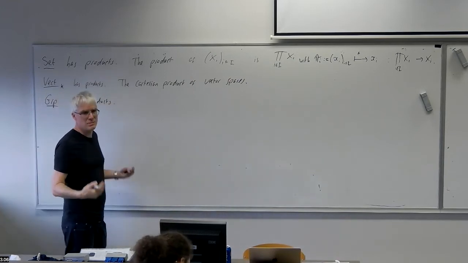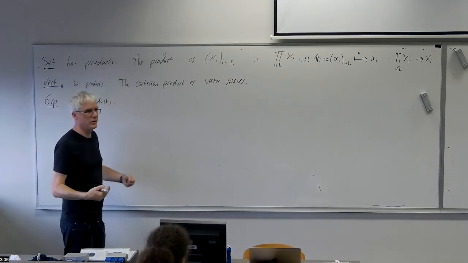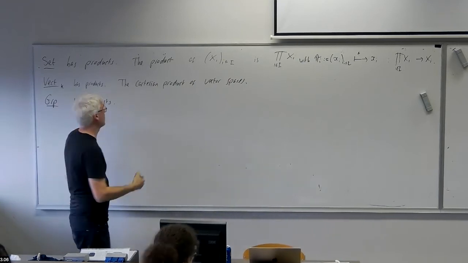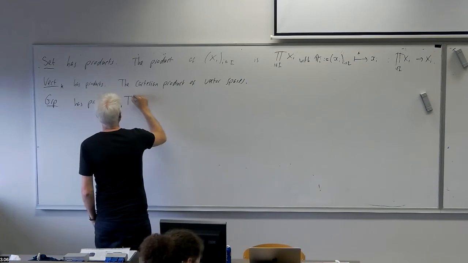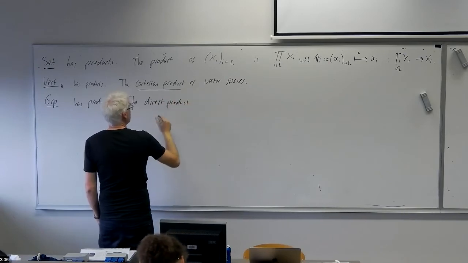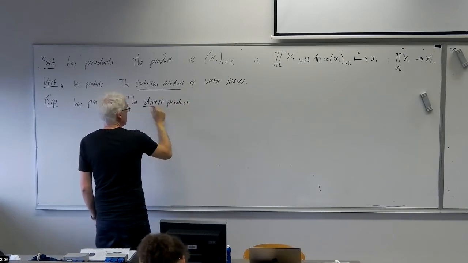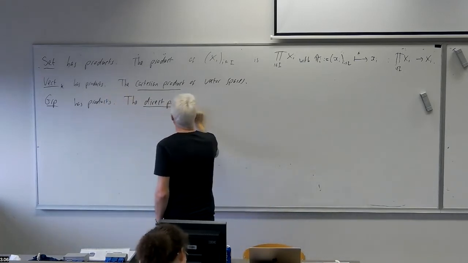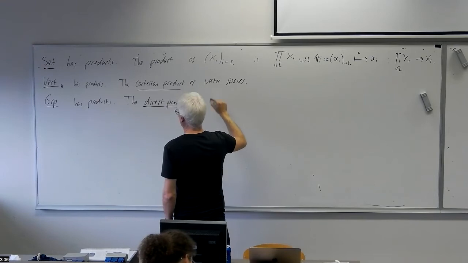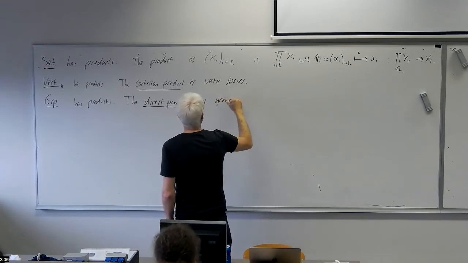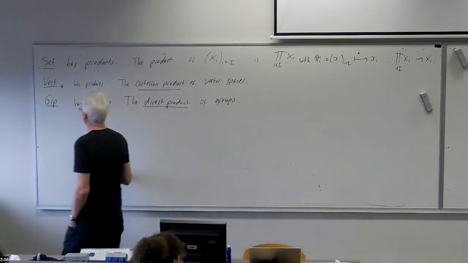The product in this case, a product of a family of groups, is what's called the direct product of that family of groups. So here we have the Cartesian product, direct product. I think people sometimes talk about direct product of vector spaces as well, especially if you view vector spaces as modules, then people often talk about direct products of modules. A direct product of groups.